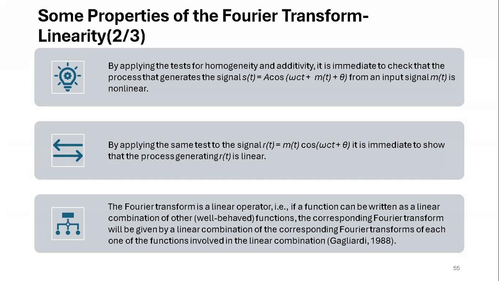By applying the same test to the signal r of t equals m of t cos omega c t plus theta, it is possible to show that this is generating a linear process.